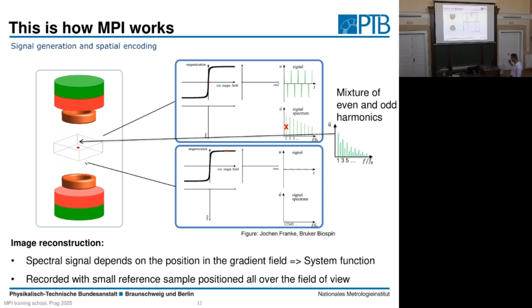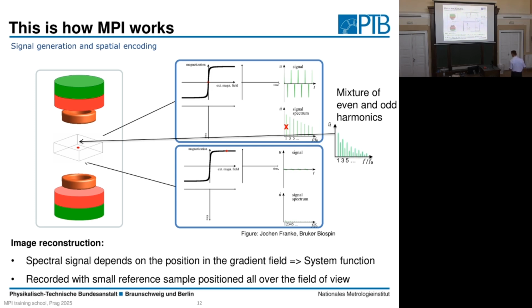But yes, the point that I want to go to is: here in this graphic we see only the signal for the center point, where we have a symmetric excitation, which means we have exactly only the odd harmonics. In all other points, we have a mixture, a special ratio of even and odd harmonics, and this ratio depends on which position they are at.